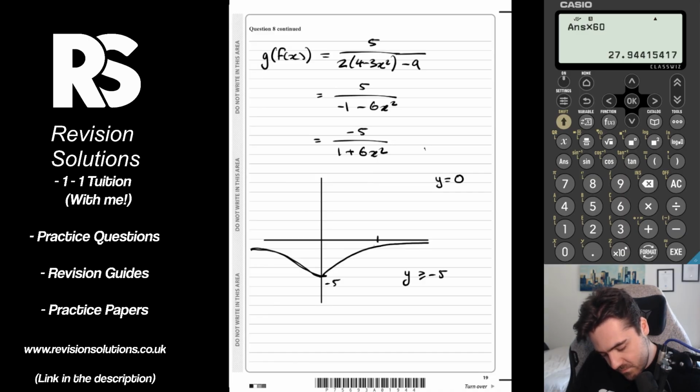Because 4 would be out here somewhere. So we're still going to get everything from -5 up towards 0, because all these values over here give us the things that this section is going to be excluded. So the range would just then be y is greater than or equal to -5. So that is our final answer.